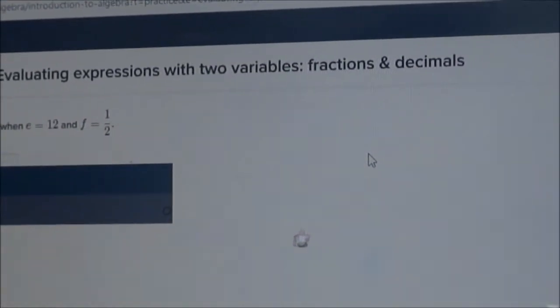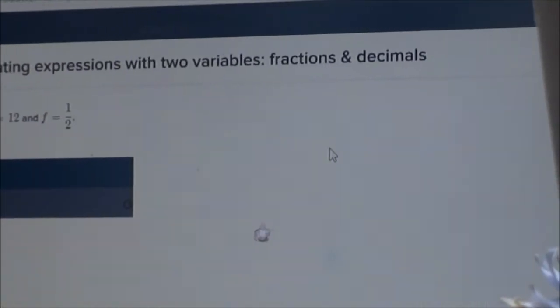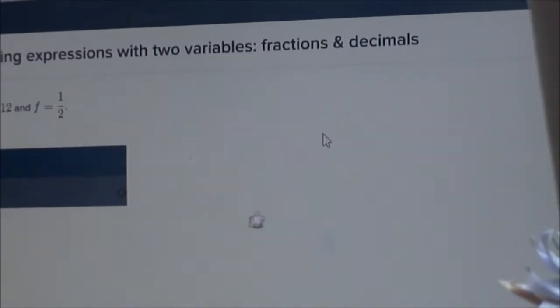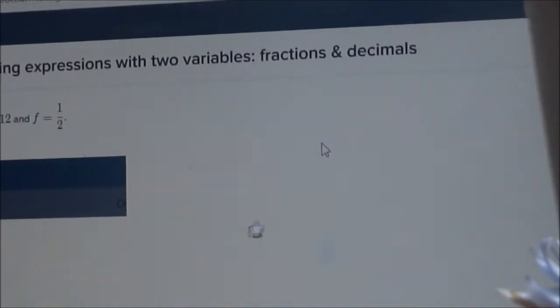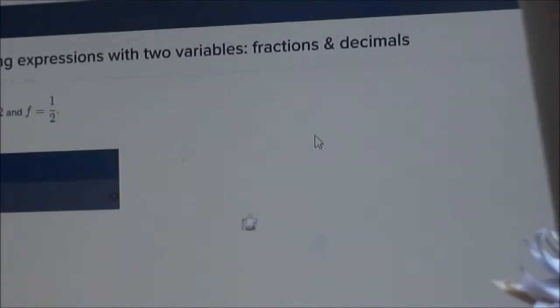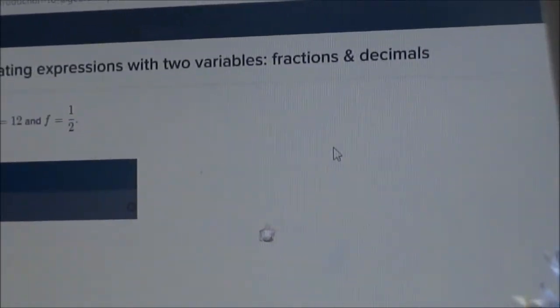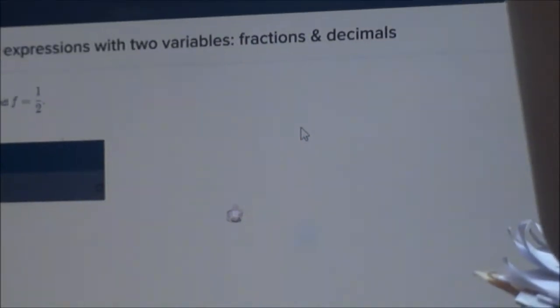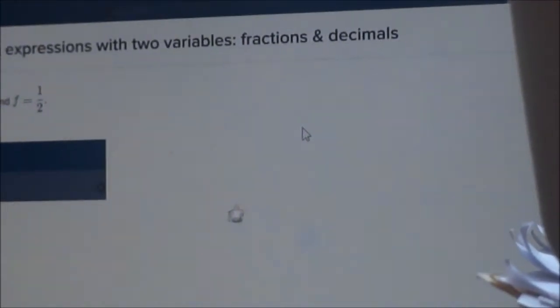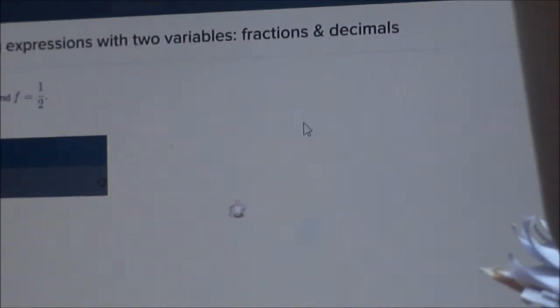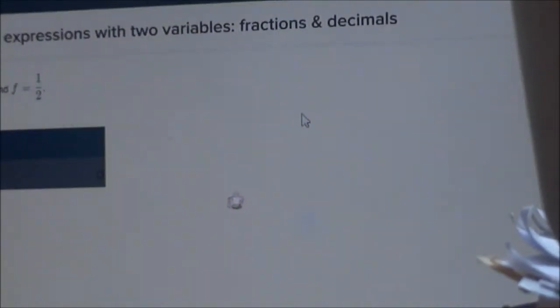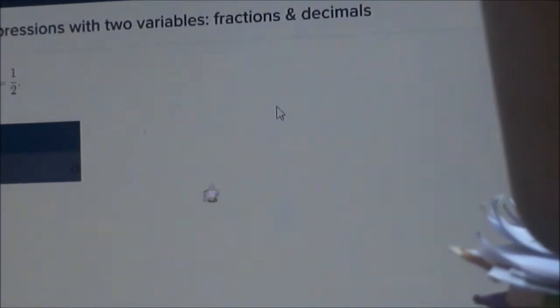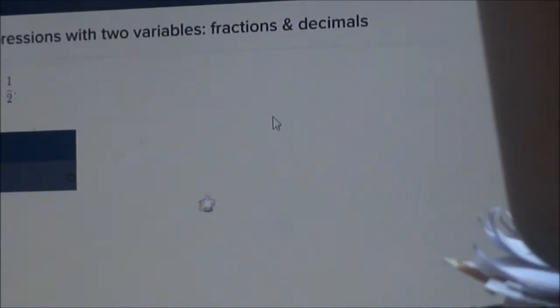So will I add it or what? Look at it. What is the problem asking you to do? Subtract. Add. I don't know. 12.2. I really don't. You have a fraction and a whole number?